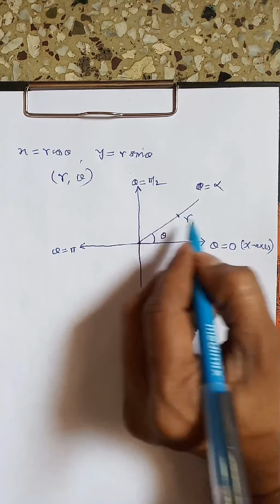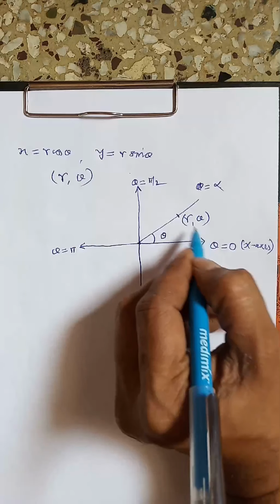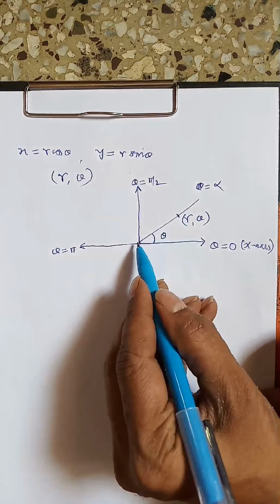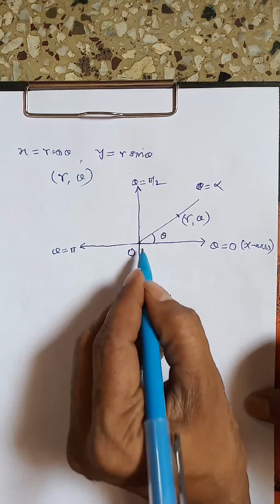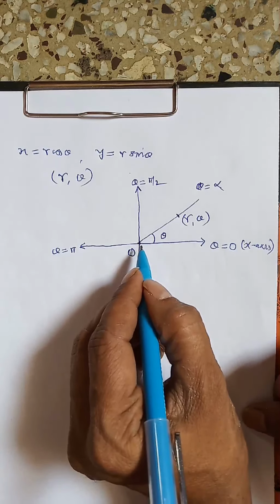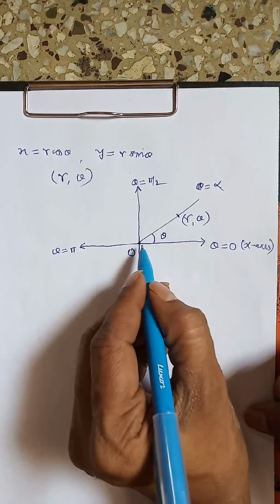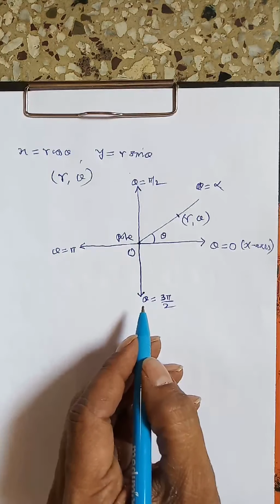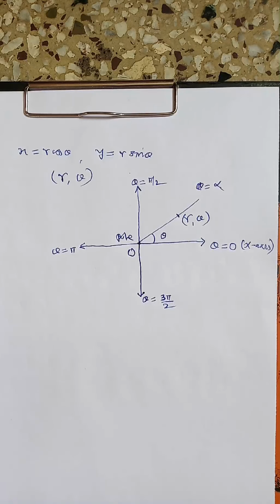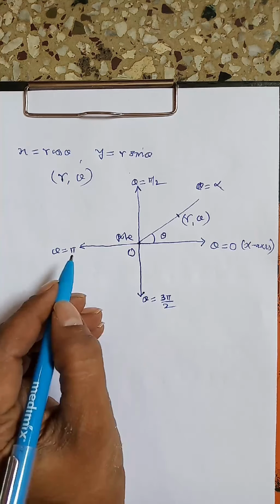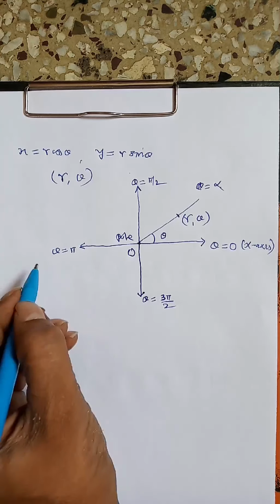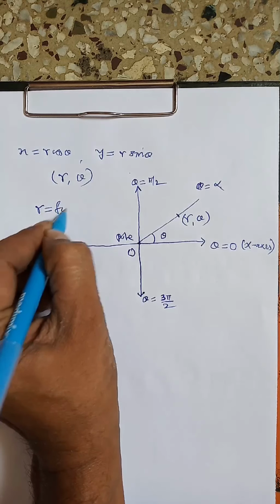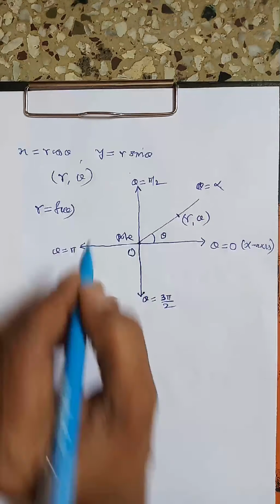So this point is represented by r comma theta, right? r is the distance of this point from the origin. Here the origin in polar form is said to be the pole. So this is your pole. Here an equation in polar form is represented by r equals f of theta.